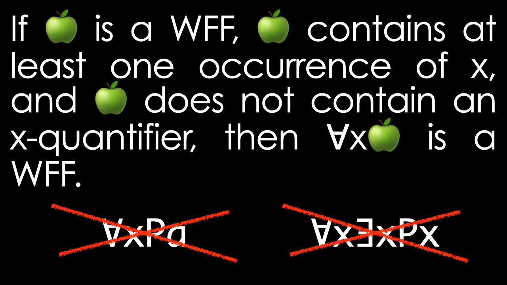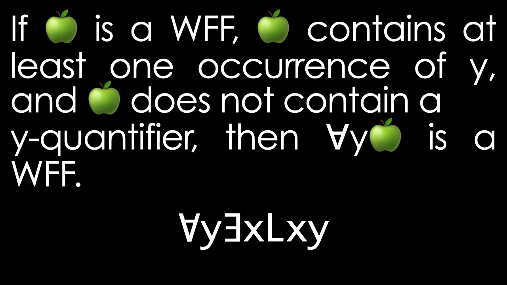Pa is a well-formed formula, but Pa doesn't have an occurrence of x in it. And for all x, exists x, Px is also not a well-formed formula, because although exists x, Px is okay, it already has a quantifier for x. It has an x quantifier saying this is how you're supposed to read and understand x in the formula. So you can't put a for all x in front of it to make a new well-formed formula. You can do things like this, though.